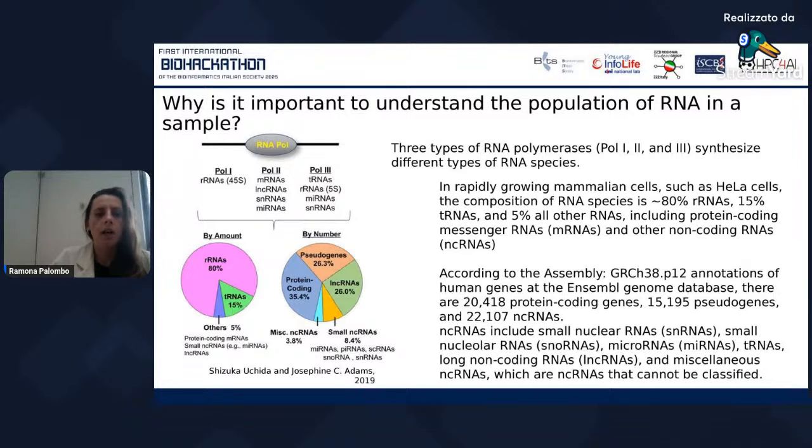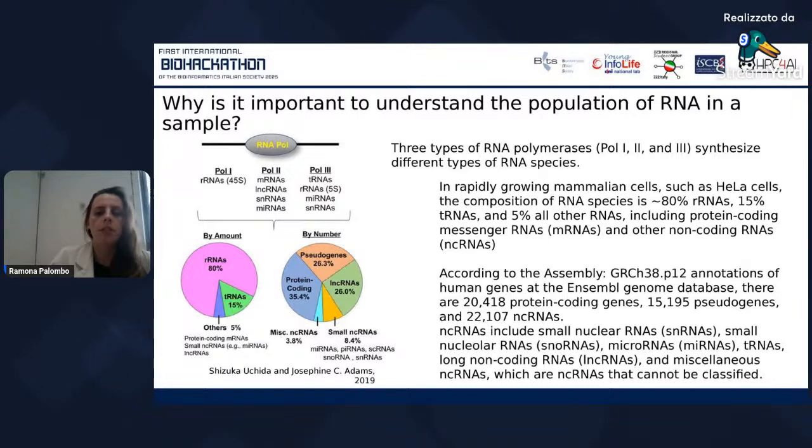And they are like the 80% of the total amount. So just the 5% of the total amount of RNA species are represented by the protein coding messenger RNAs. And a small portion of them could be also small nuclear RNAs and long non-coding RNAs.